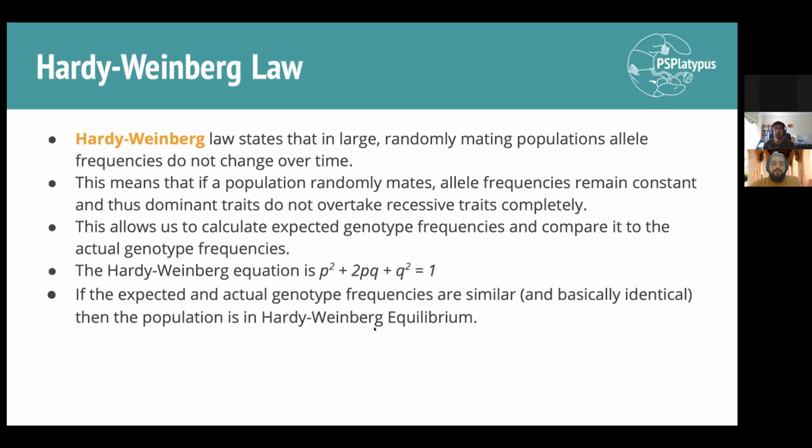If we have P or Q, we can calculate the other one. So if the expected and the actual genotype frequencies are similar or basically identical, we can say that this population is in Hardy-Weinberg equilibrium.